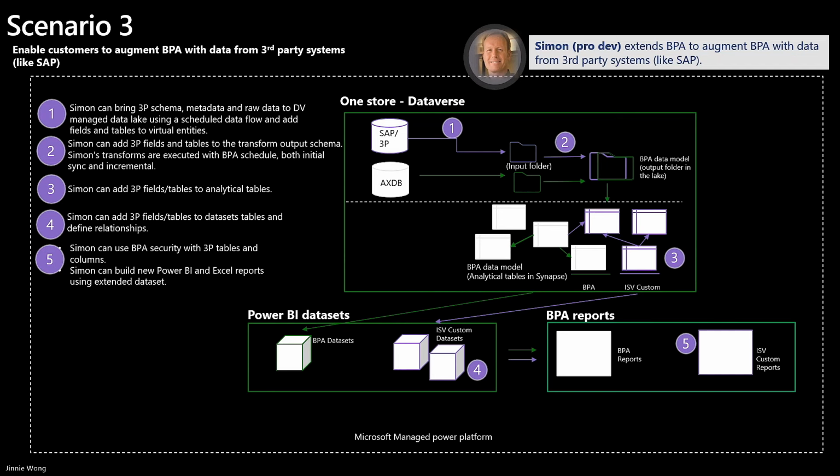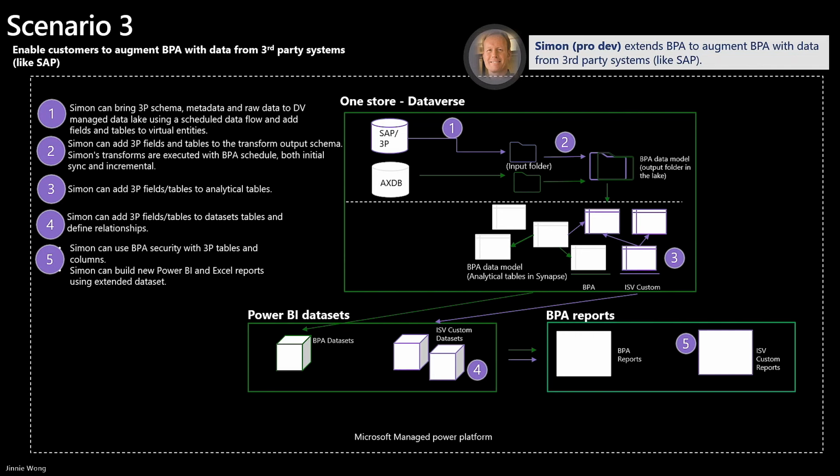And once we have the data in Dataverse, we are using the same technique as we used for scenario 2. We are using the extension possibilities to change the output schema so that we make this data available within the BPA data output folder. So this should work for initial and incremental loads.